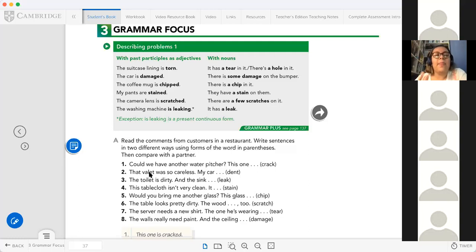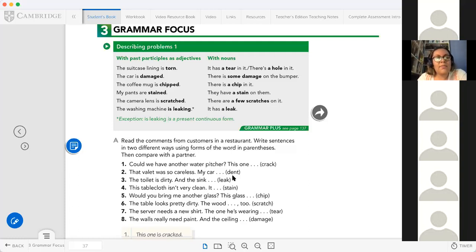Okay. Number 2. The valet, you know, like valet in fancy restaurants when they take your car y tú ni lo estacionas, ellos lo estacionan por ti, esa clase de valet. So the valet was so careless. A ver, primero el adjetivo. My car dented. Okay, thank you, Mafer.